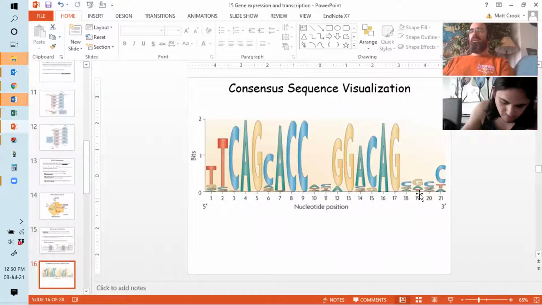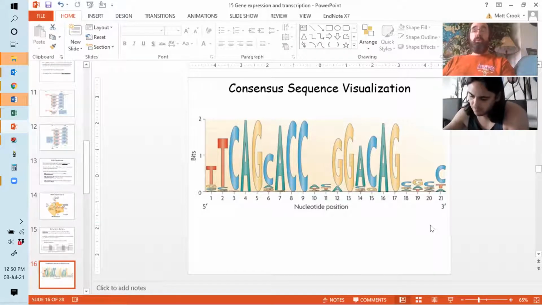So some bits of DNA, like position 18, 21, you're fairly equally likely to find any particular base. So most likely those positions are not important, because if they were, there would be a selective pressure to weed out mutations or changes in those bases.